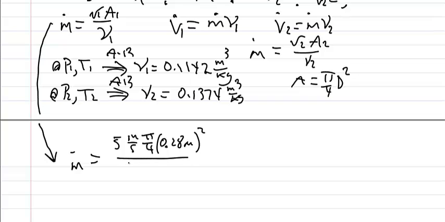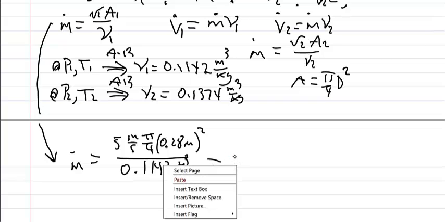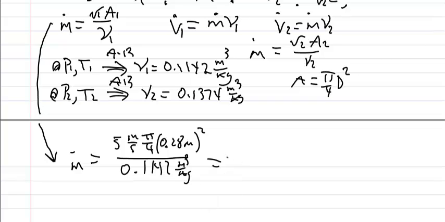We divide this by the specific volume, 0.1142 cubic meters per kilogram. We see that everything cancels out except kilogram per second units, so we get 2.696 kilograms per second. So there's our mass flow rate.